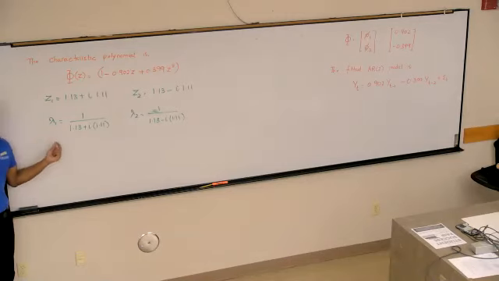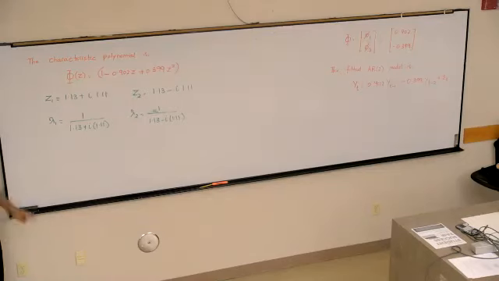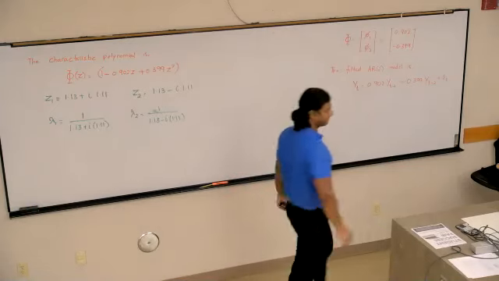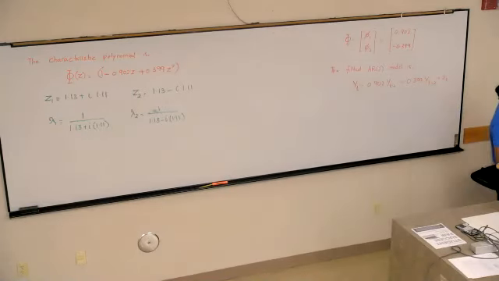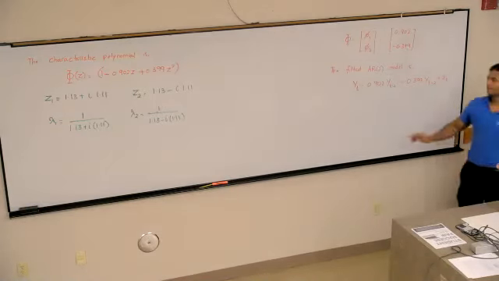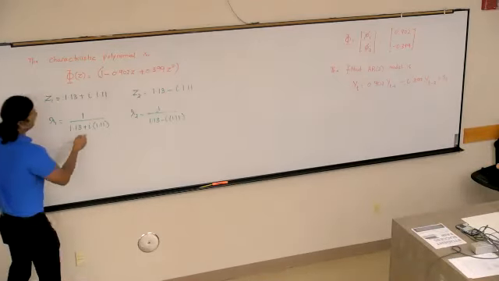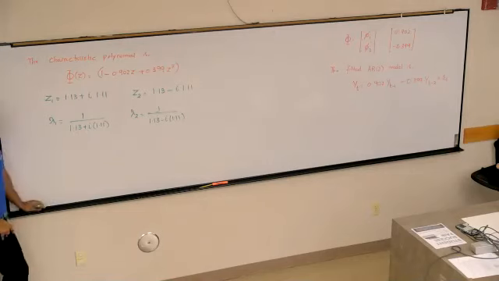We just have to find the one, the other would simply be the conjugate. So we have lambda 1 equals 1 over 1.13 plus I times 1.11.